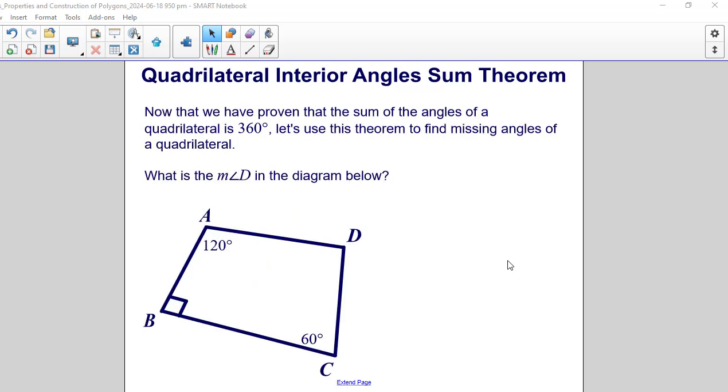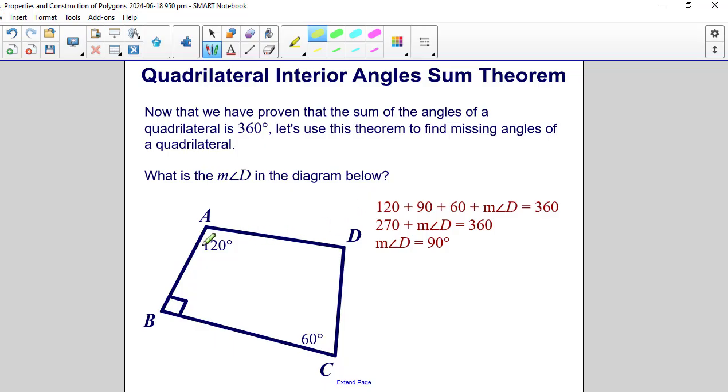Now that we have proven that the sum of the angles of a quadrilateral is 360 degrees, let's use this theorem to find missing angles of a quadrilateral. In this diagram below, we are given three angles. Angle D is missing. So what is the measure of angle D in the diagram below?